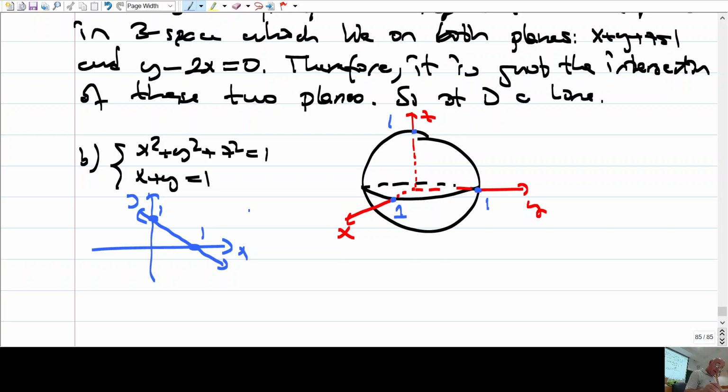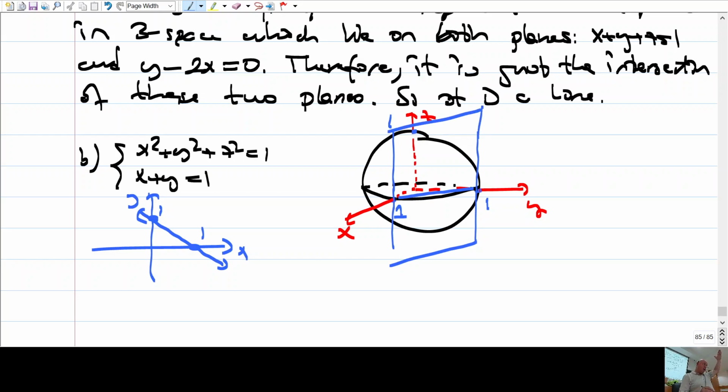My line is this line here, so it is inside the sphere, and you cut this sphere by the plane containing this line, so you just translate it. So it is a plane like this, right? It is this plane here.